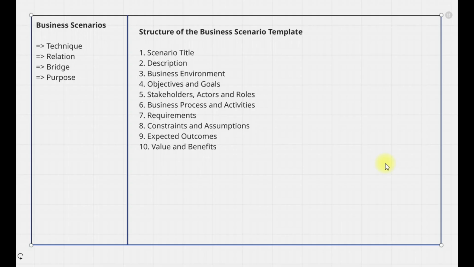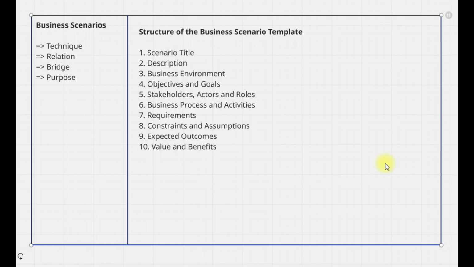So the requirement and the solution that come up, the bridge between this requirement and solution is the business scenario. So in the process of solving a business problem and coming up with a solution, business scenarios will form the bridge. So this business scenario document, whatever we are going to develop, will help them to progress from business problem to the IT solution. So that's how it forms a bridge.